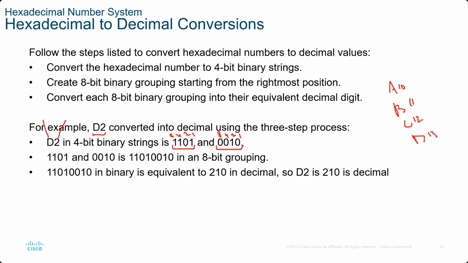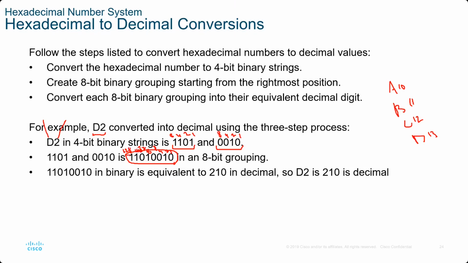Okay, this is good. So if this is right, we can just combine these two binary numbers like this now. And now again, think about these numbers: 1, 2, 4, 8, 16, 32, 64, and 128. And I can already start counting.